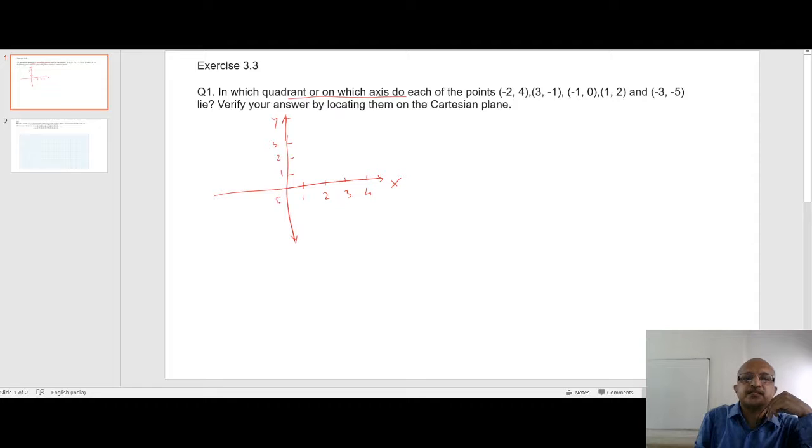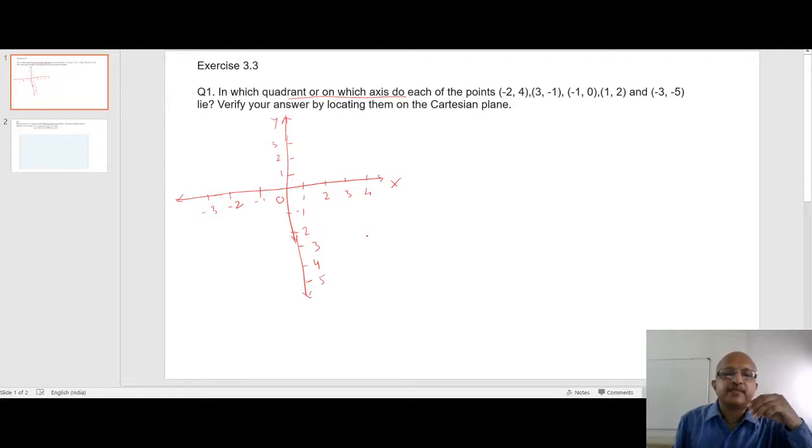This is the origin. And on y we require up to -5. So here -1, -2, -3, and here -1, -2, -3, -4, -5. Children, this is my rough work. You need to draw neat and plain.